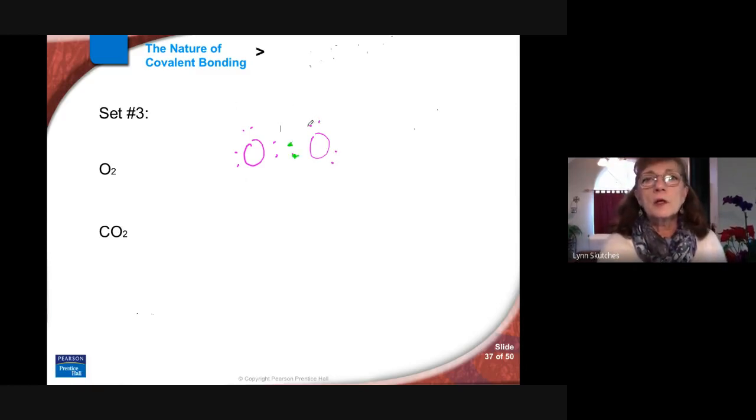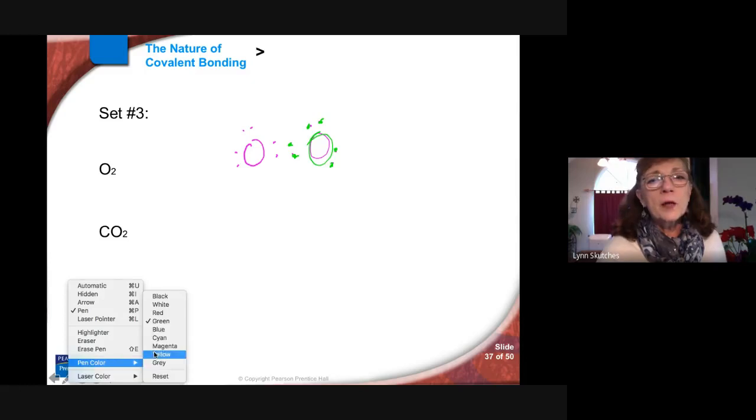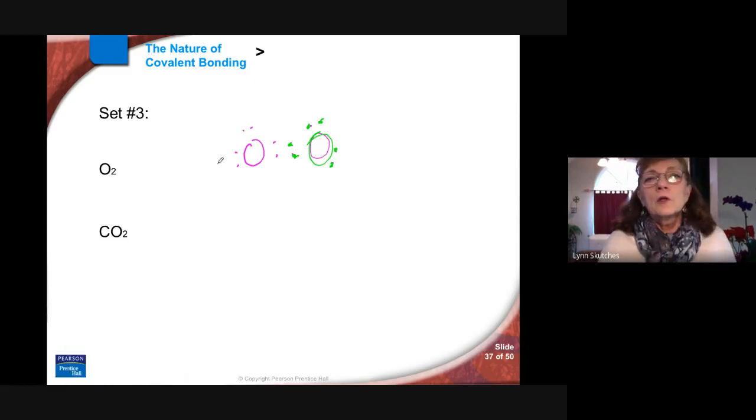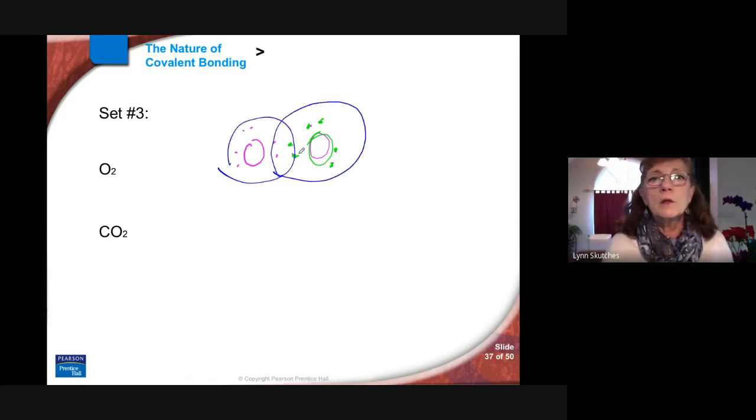Here, let me change the colors to make it more obvious. I don't know if that helps you guys or not, but it helps me. So each oxygen has 6 electrons of its own, and then it shares 2 with the other oxygen. And then we can also draw a double bond like this.